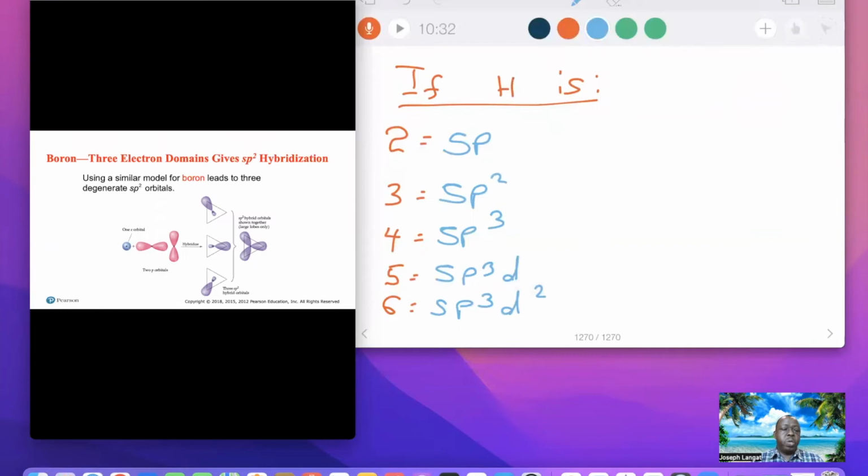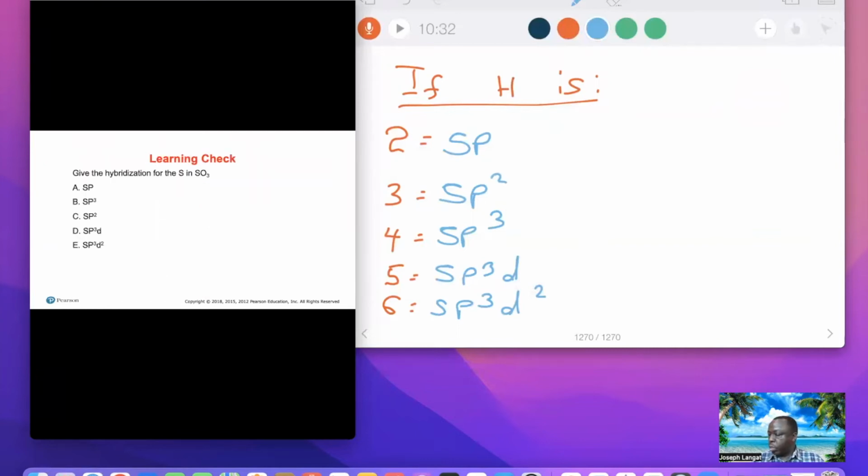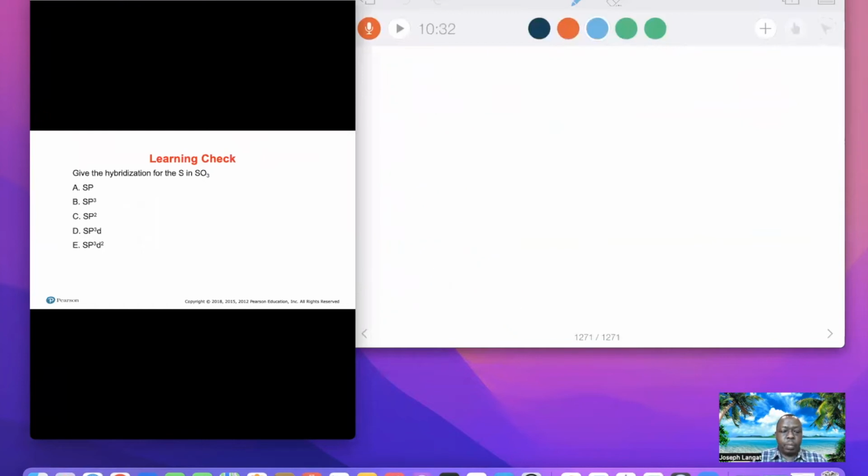How do we know? You don't need to memorize. Let's see if we use the equation to determine, for example, the hybridization of sulfur in sulfur trioxide. You don't need to memorize what is in the text, or pull it off the internet and say, oh, this is the hybridization of sulfur trioxide, sulfur dioxide, or methane CH4.